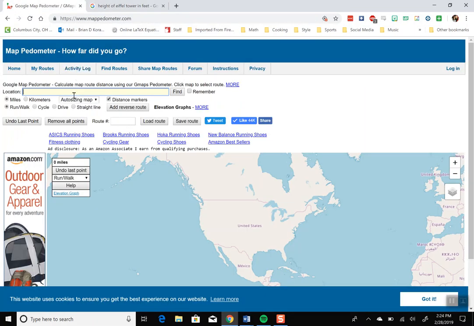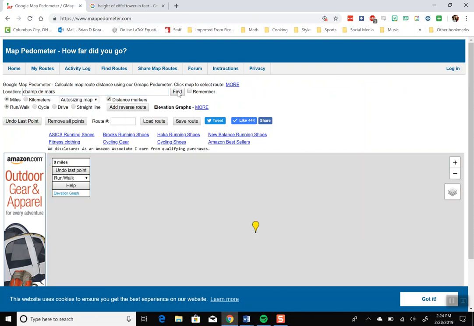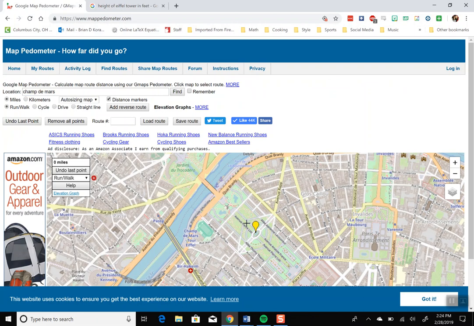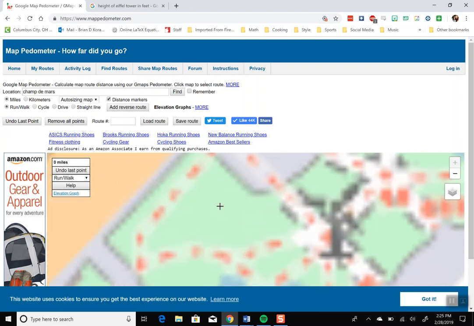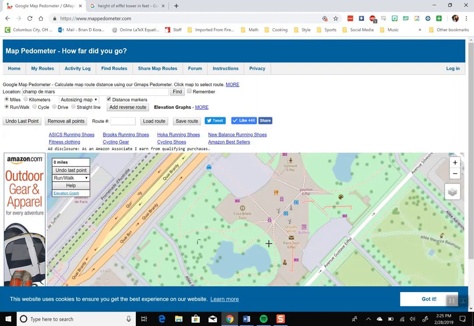So in Google pedometer, I'll just go ahead and look up Champ de Mars. Find. And so here's the center of the park, give or take. If I zoom in right here, I can see the Eiffel Tower is right here.